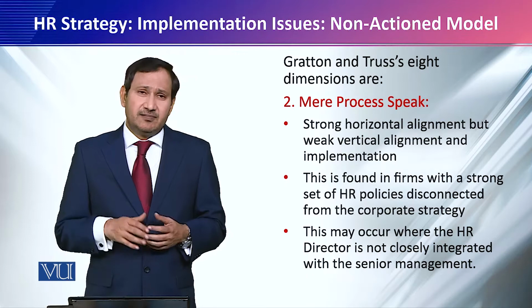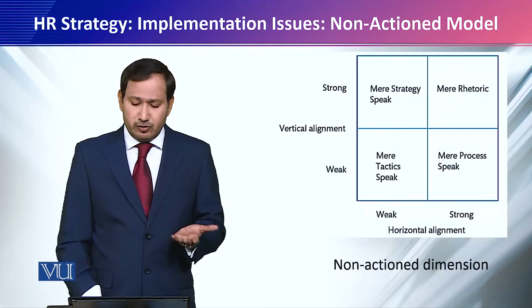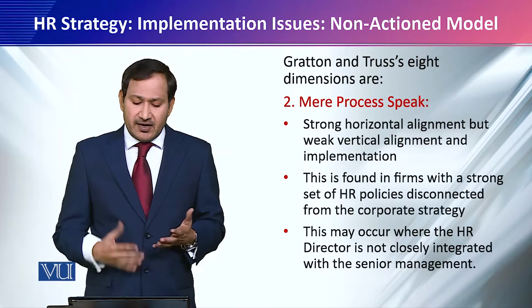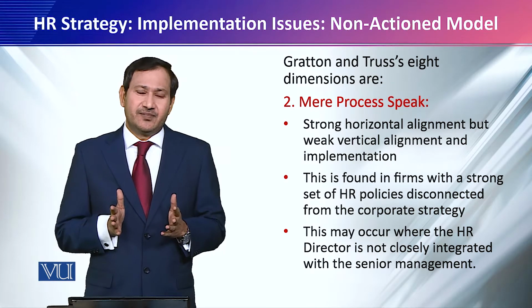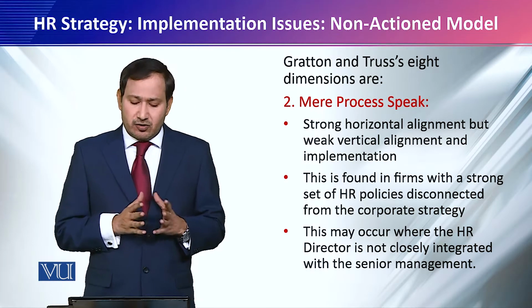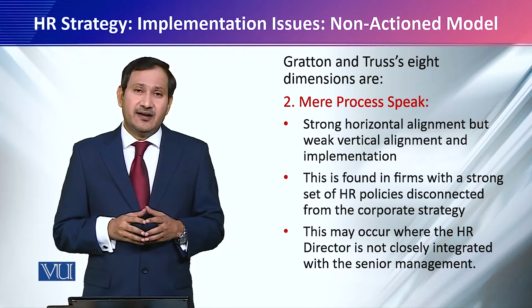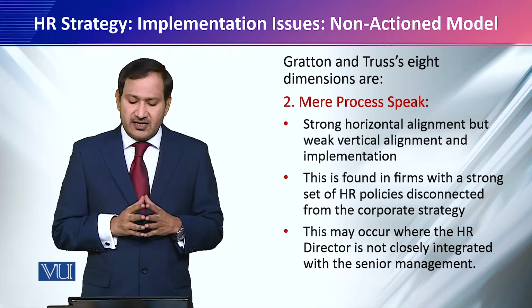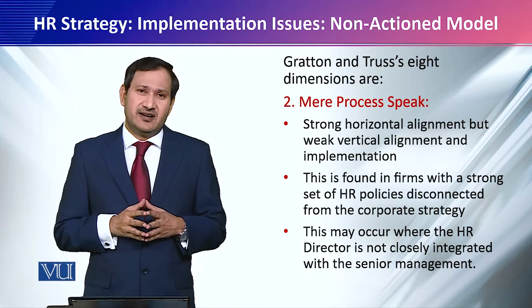If you look at the second quadrant, which is on the left side at the top, we go back so you can remember, mere strategy speak. So what is the mere strategy speak? It is a strong horizontal alignment. If you look at the diagram, horizontal alignment is okay, strong horizontal alignment, but weak vertical alignment and implementation issues. So this is found in firms with a strong set of HR policies disconnected from the corporate strategy.